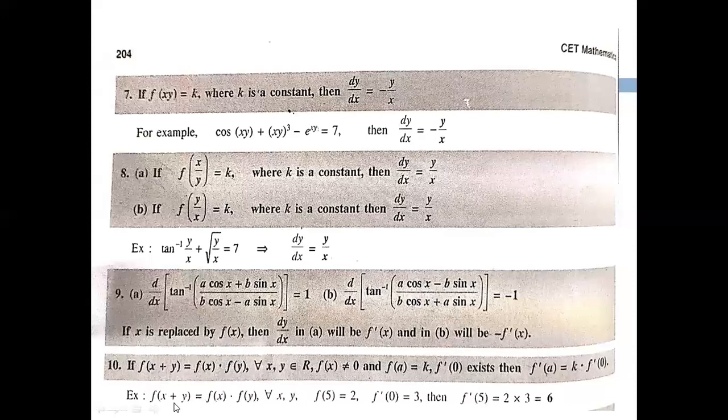For example, f of x plus y is equal to f of x into f of y for all x, y belongs to R. Here f of 5 is equal to 2, f dash 0 is equal to 3. Then f dash 5 is equal to k into f dash 0. What is k in this? K is 2, this is constant. 2 into f dash 0, f dash 0 is 3. 2 into 3 is equal to 6.